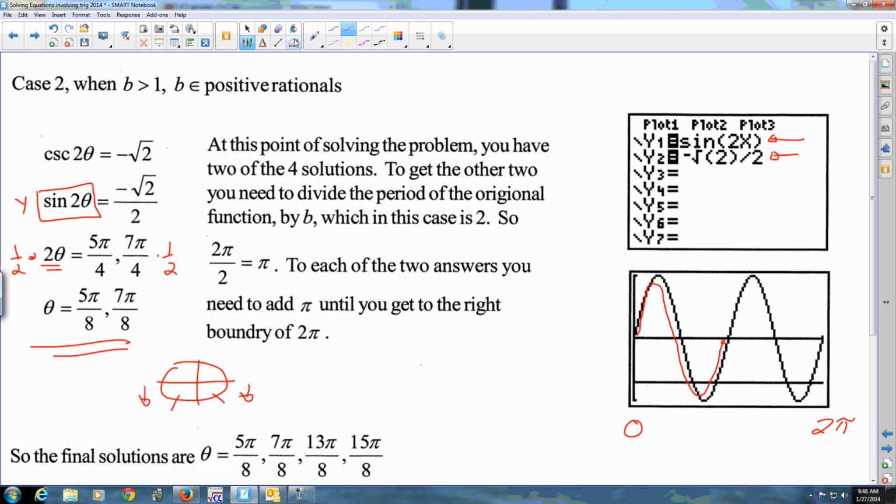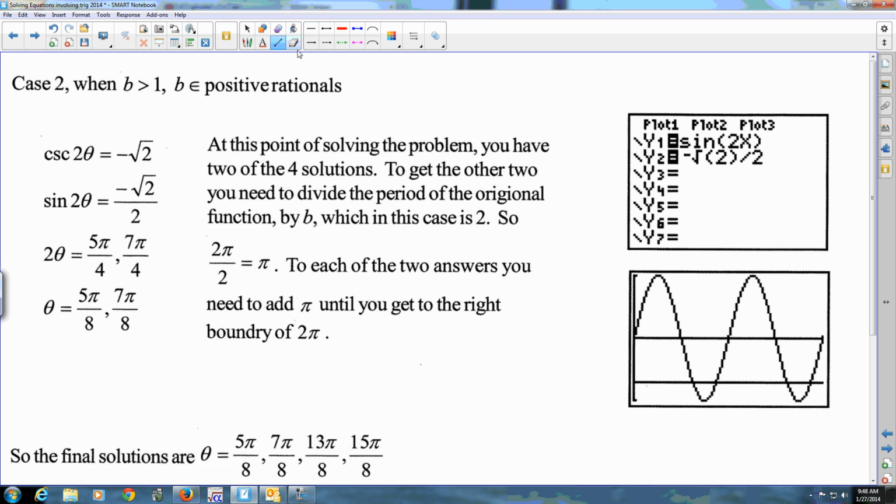So there are going to be, let's change colors, 1, 2, 3, 4 answers to this problem. These 2 answers here are these 2, 5 pi over 8 and 7 pi over 8. I need to find these other 2 answers. How do you do it? Well, here goes.